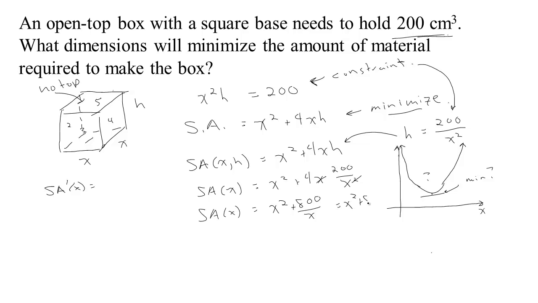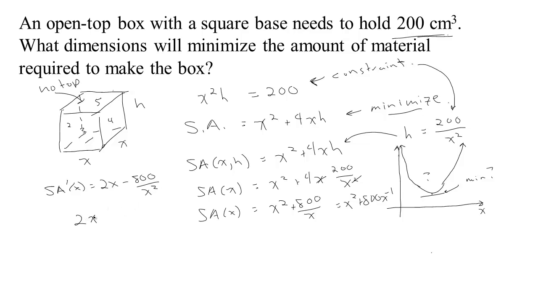We've got x squared plus 800 times x to the negative 1. I'll write it that way so we can use the power rule. We get 2x, and that's the derivative of this first piece, and then we get minus 800 x to the negative 2. X to the negative 2, of course, means 1 over x squared, so there's your derivative.